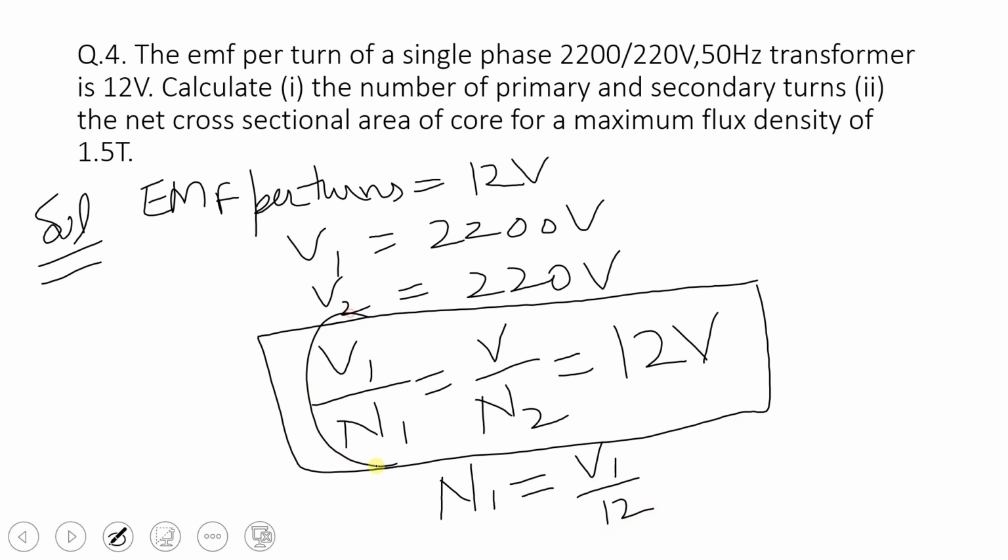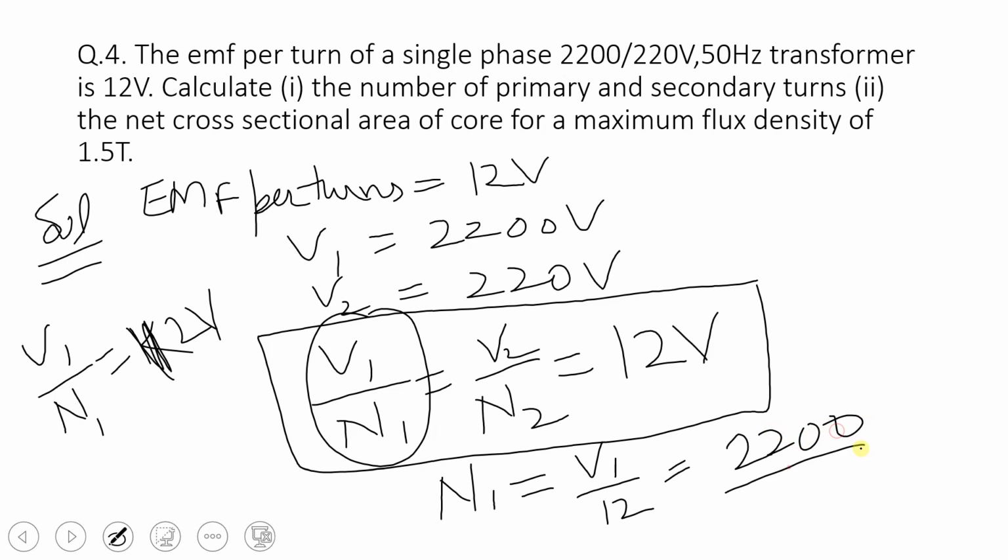V1 upon N1 is equal to K, which is 12 volt. So we put the value of V1: 2200 upon 12, and we get 183.33. As the number of turns must be whole values, the number of turns is 183. So N1 we have calculated.